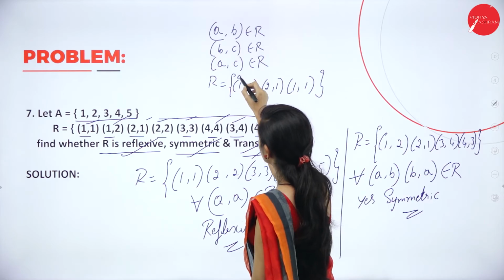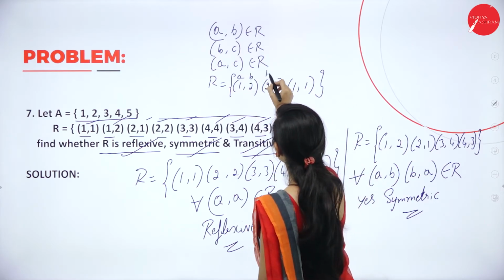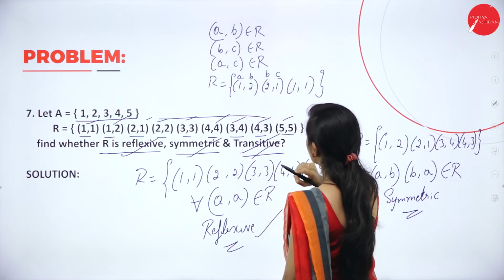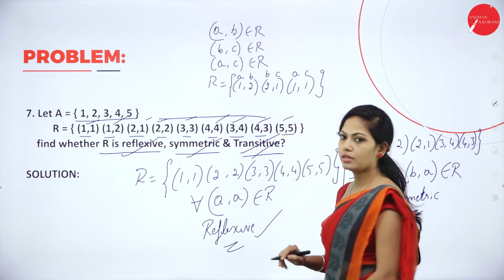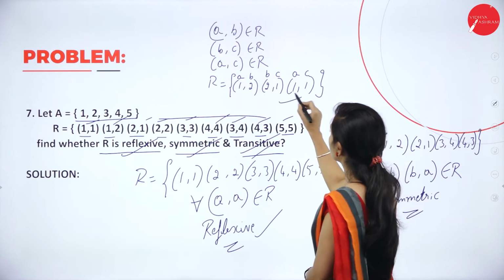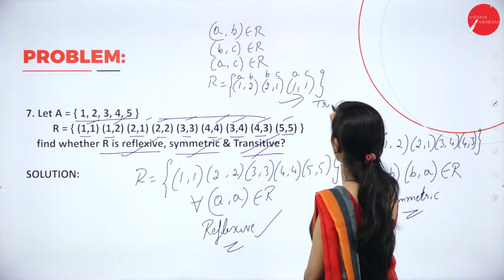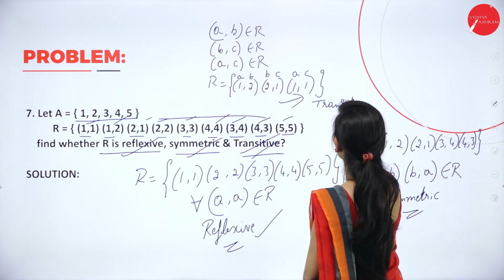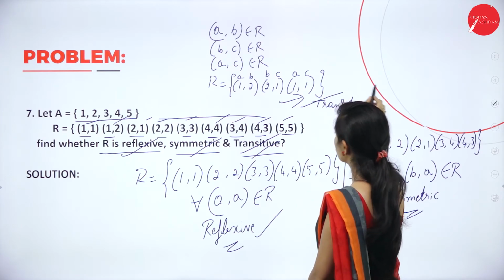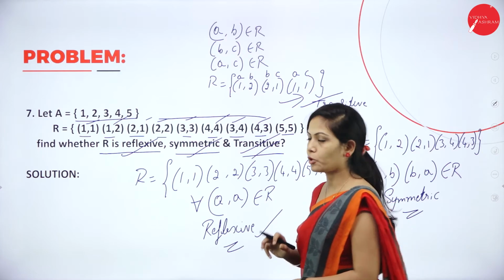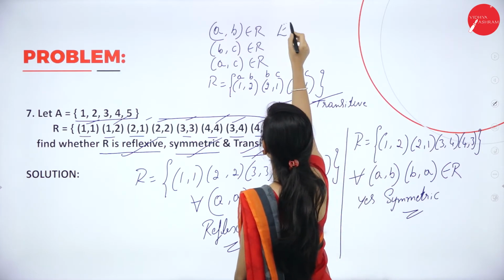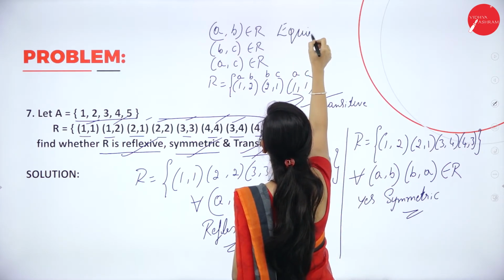So a is 1, b is 2, c is 1, and (a,c) is (1,1). So it holds the transitive property also. Yes, it is transitive.